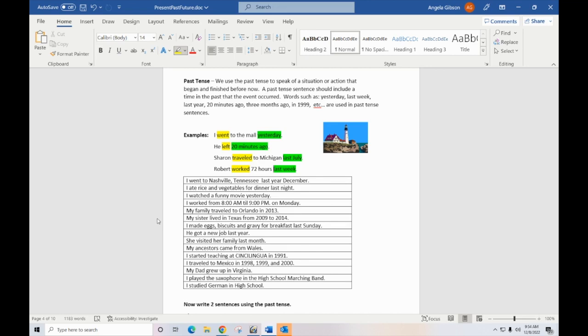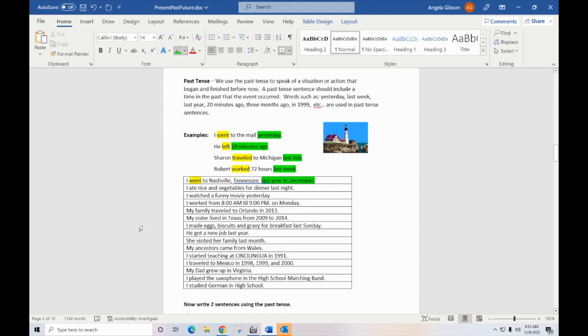I went to Nashville, Tennessee last year in December. Okay, so I went to Nashville last year in December. Our time in this sentence would be last year in December, or just last year.